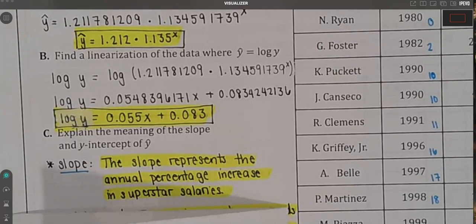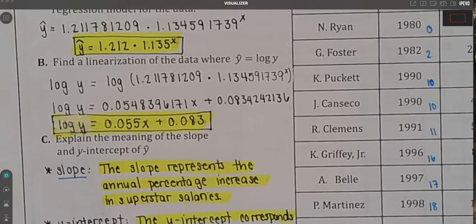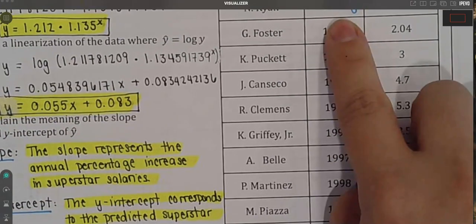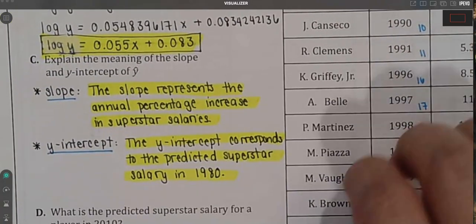It's mapping out big increases because we already know it's increasing at an exponential rate. The y-intercept, because 0 is 1980, this corresponds to the predicted superstar salary in 1980, which actually doesn't exactly match what was given, but that's why it's a model and not exact.